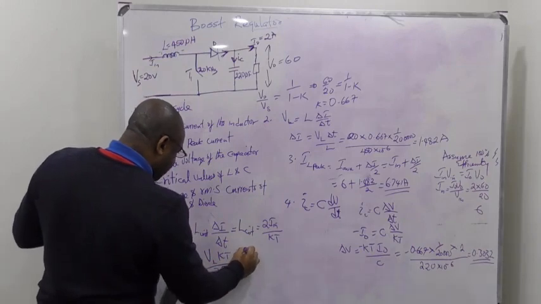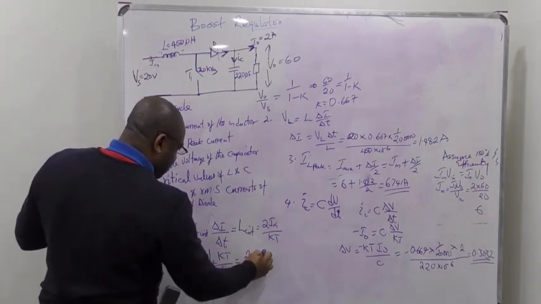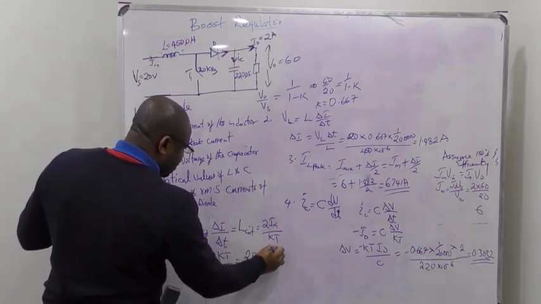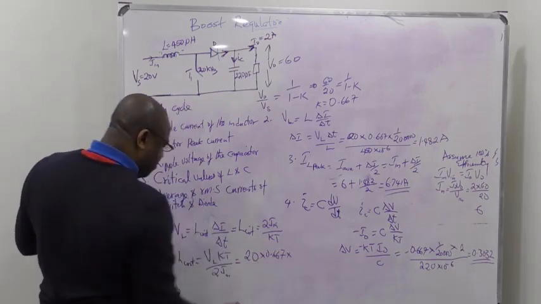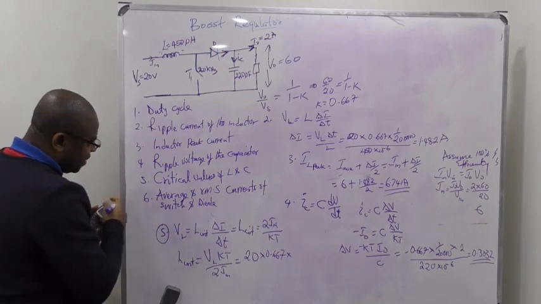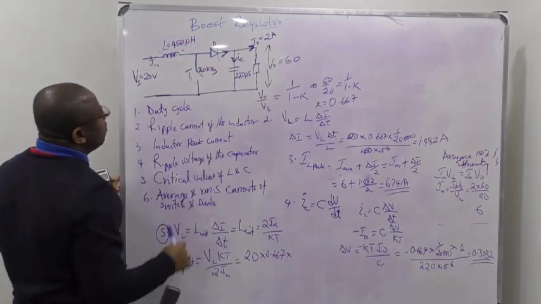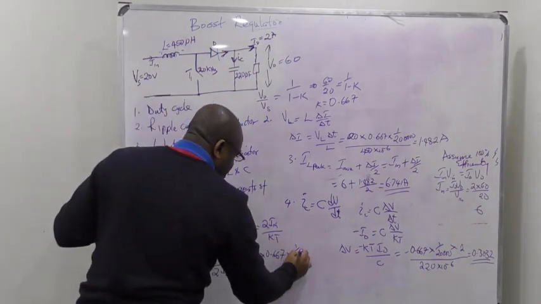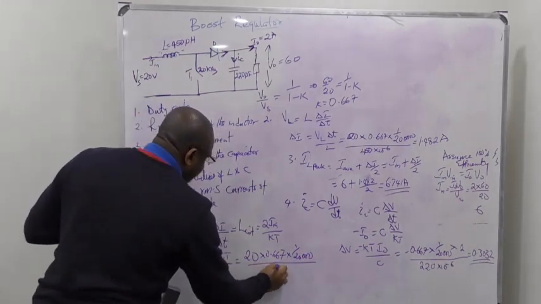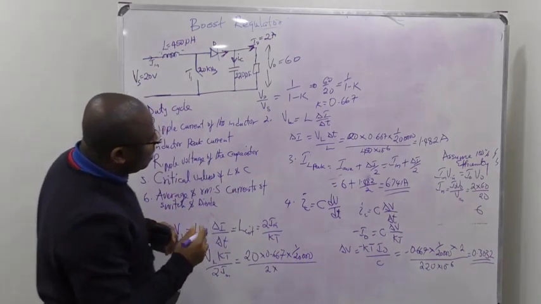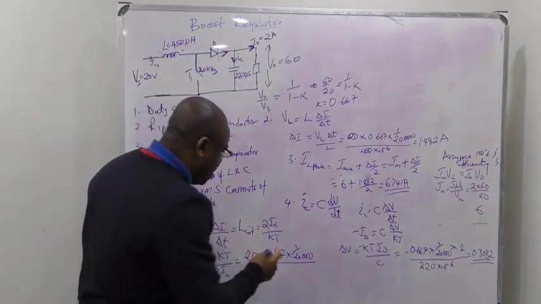So we'll have 20 multiplied by 0.667 times time of on, 1 over 20,000, divided by 2 times I in, and our I in, we got somewhere at 6.